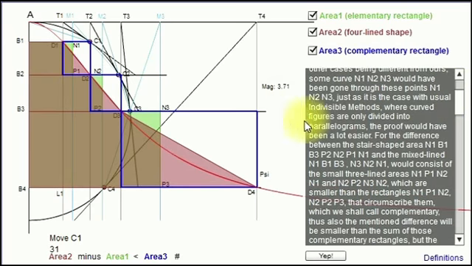And he clearly refers to the method of John Wallis, who actually divided areas into infinitely small parallelograms.